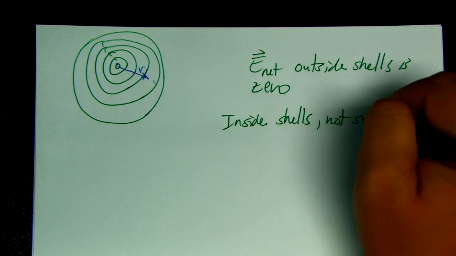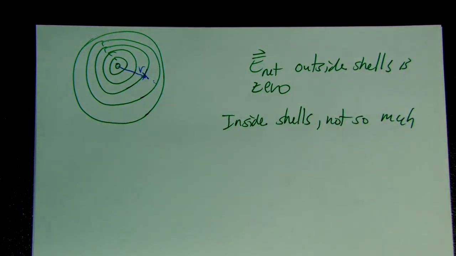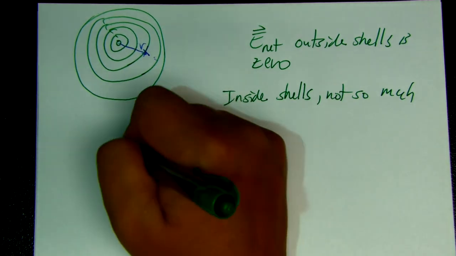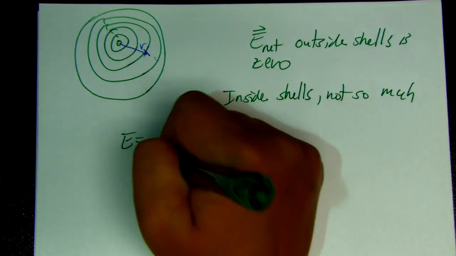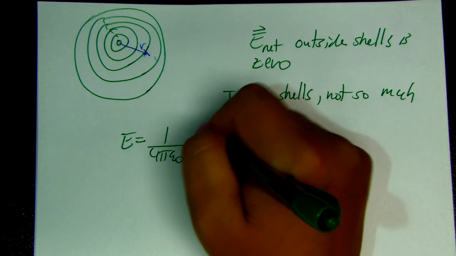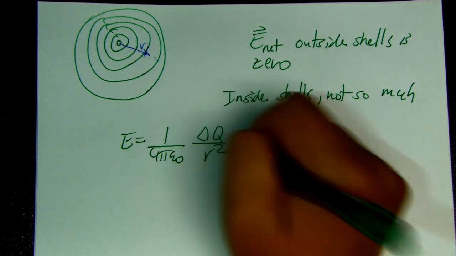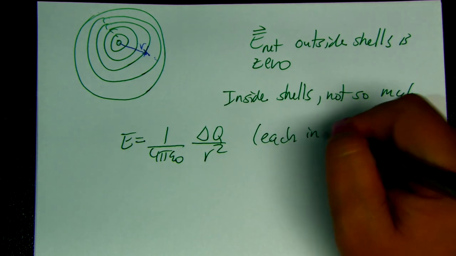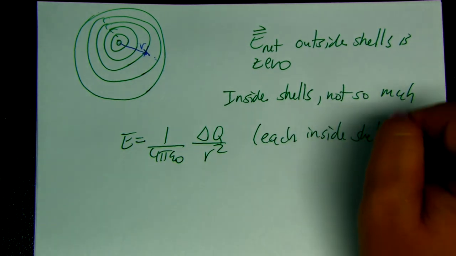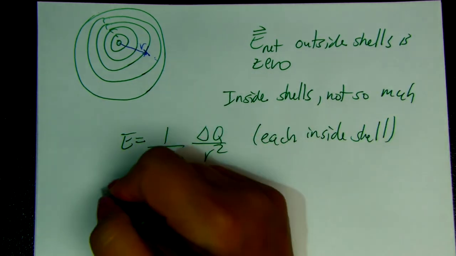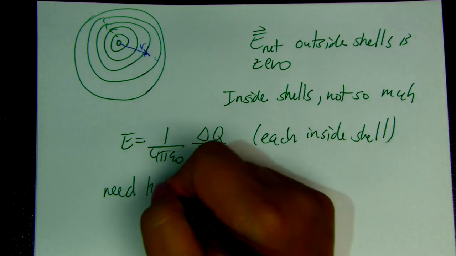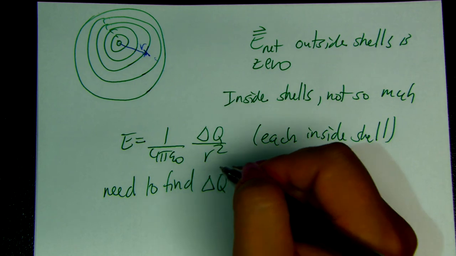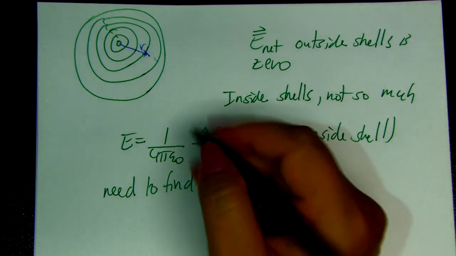not so much. So we need a way to add them all up because that's been our approach all along. So E is equal to 1 over 4 pi epsilon naught delta Q over r squared. And we're looking for each inside shell. So now we need to find delta Q. And we need to find it as the fraction of the total charge.